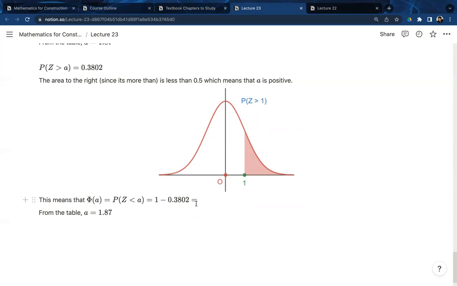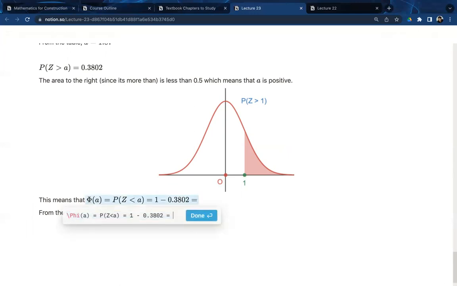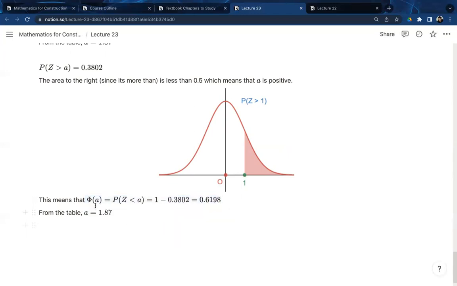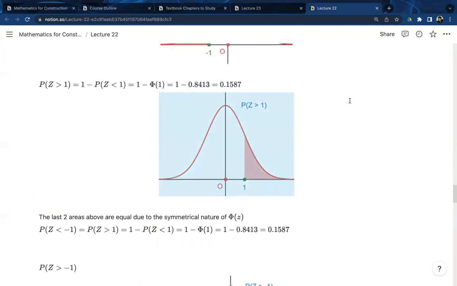What's 1 minus 0.3802, right? That's 0.6198. So now I know phi of A is 0.6198. I could just use these tables to get A. Where is 6198 in the tables?